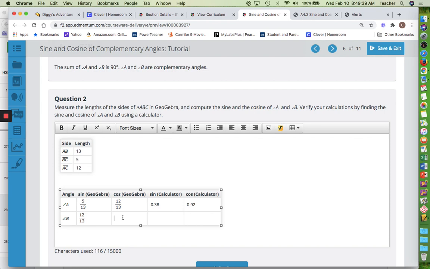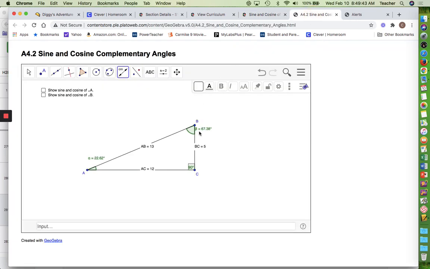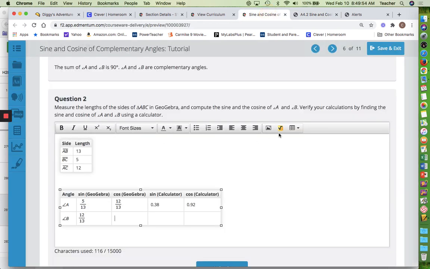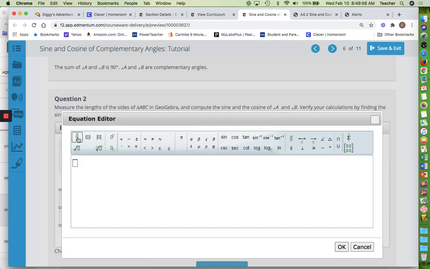All right, and then we need to do cosine of B. Here's angle B. Cosine is adjacent, which is the 5. Adjacent means next to, over the hypotenuse. So 5 over 13, and again, that does not simplify. So we're going to keep it 5 over 13.